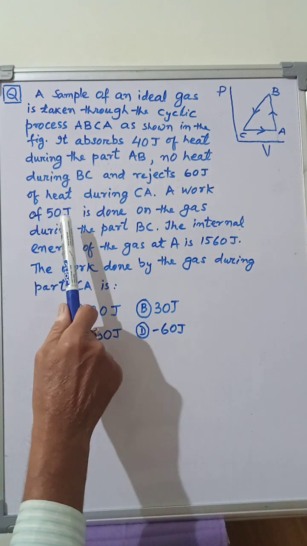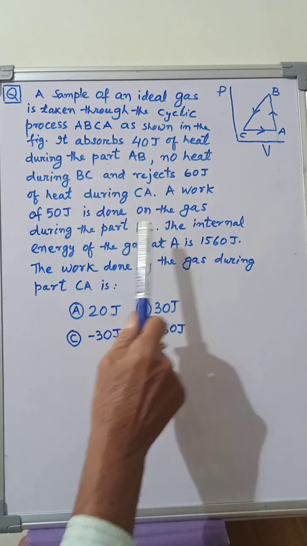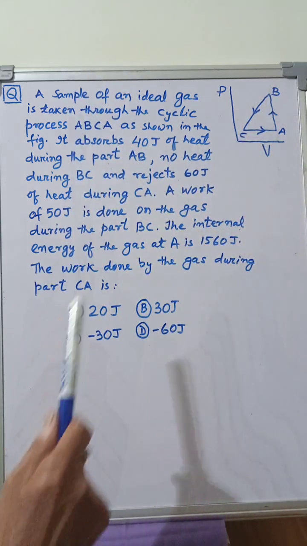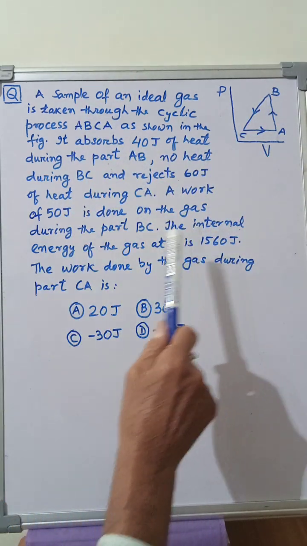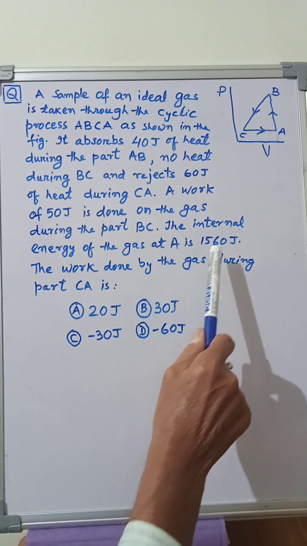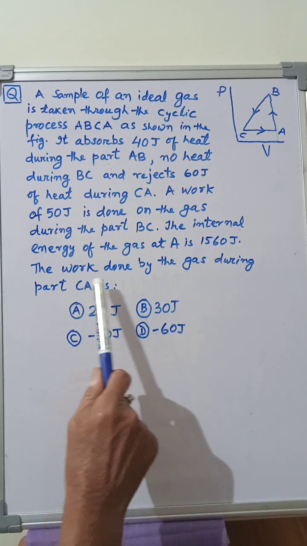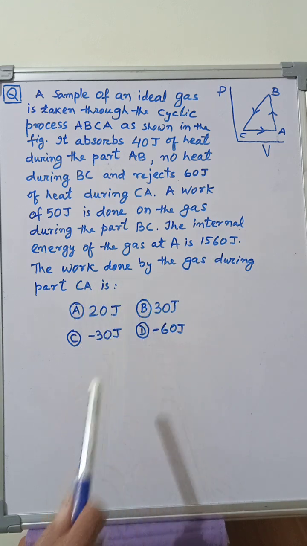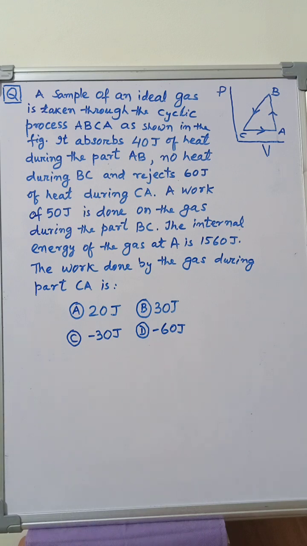A work of 50 joules is done on the gas during the part BC. The internal energy of the gas at A is 1560 joules. The work done by the gas during the part CA is. The options are given in the question. We are required to find the correct option.